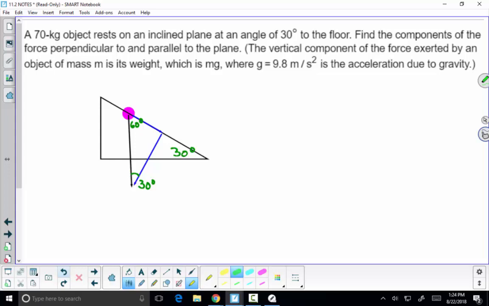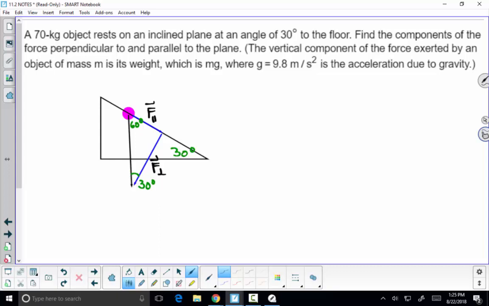Now we just have to label those blue vectors. One of them is the force parallel to the ramp, and one is the force perpendicular to the ramp. Call it whatever you want. I'll call this one force parallel with a little parallel symbol, and this vector force perpendicular with a little perpendicular symbol. You can write P-A-R and P-E-R-P if you want. It doesn't matter.